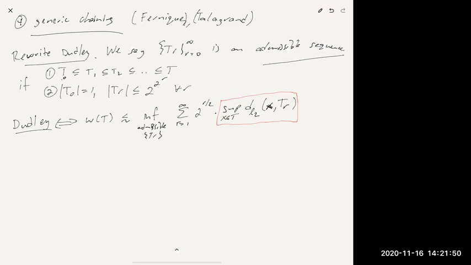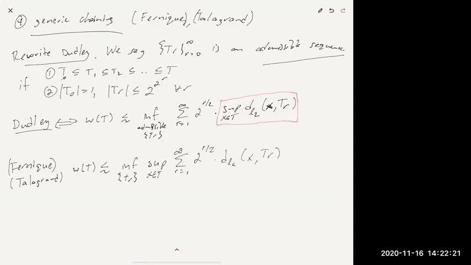So the next thing I'm going to say is that there's a theorem by Fernique, recast by Talagrand, that says actually w(T) is at most the inf over admissible T_r of the sup over x in T of the sum, r goes from 1 to infinity, of 2 to the r over 2 times the distance in L2 from x to T_r.